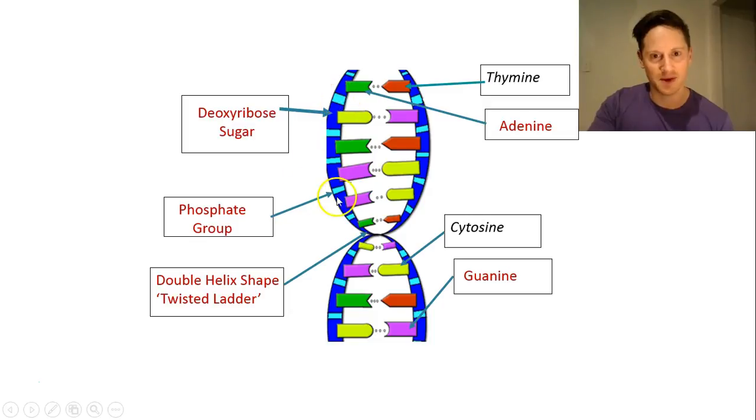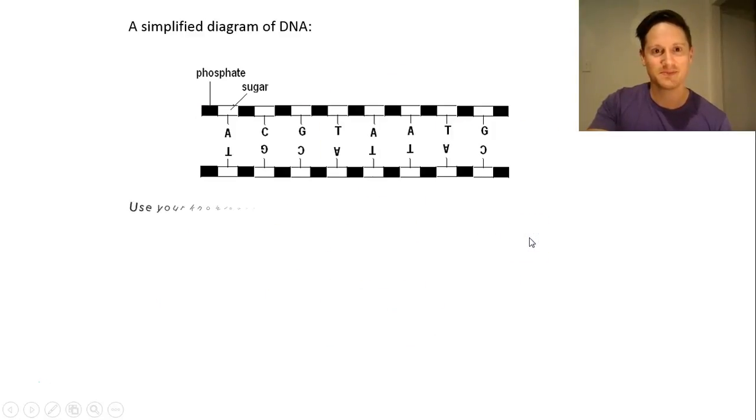Phosphate, the light blue stuff on this diagram, is found in fertilizers. That's probably not as nice as sugar. So try and remember that phosphate's in fertilizer, so the bases don't want to connect with that. Sugar is sweet, the bases connect to sugar.